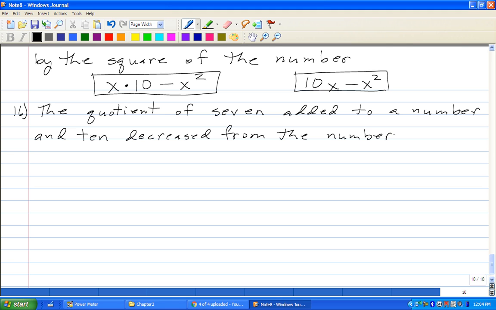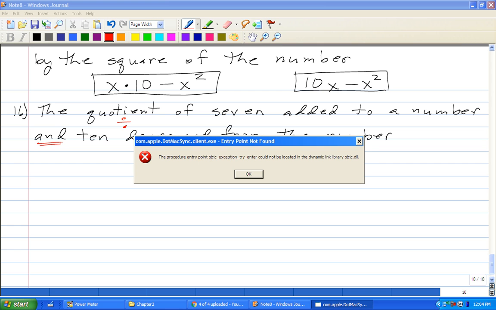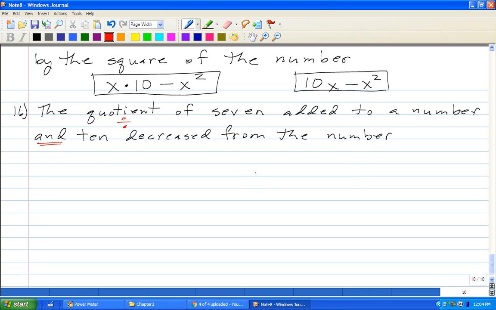Okay, so let's do the quotient. The quotient means to divide of 7 of what? Well, 7 added to a number and 10 decreased from the number. And so first we have 7 added to a number, and then for the denominator, the divisor, we have 10 decreased from the number.